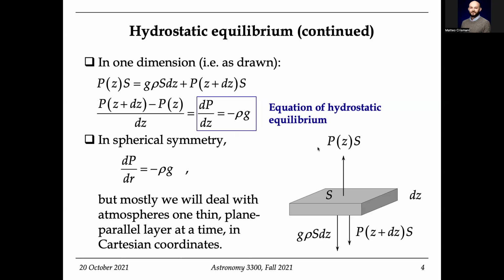Yes, the limit as delta x goes to 0 of f of x plus delta x minus f of x, divided by delta x.